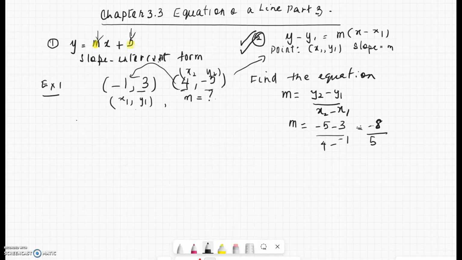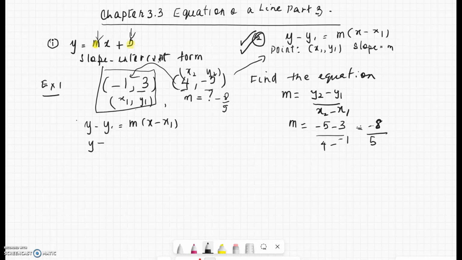So now that we know the slope, -8 over 5, all we have to do is plug it into the equation. Y minus y1 equals m times x minus x1. Now x1, y1 can be any one of these 2 points, but since we've labeled this x1, y1, we could use this.